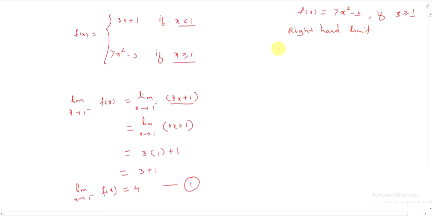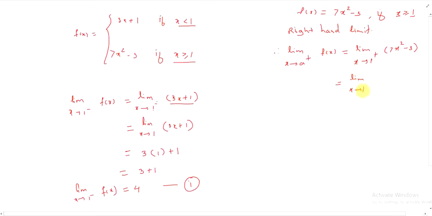So in this case, how will we define it? The limit as x tends to a plus of f(x), but here a is 1, that is x tends to 1 plus of f(x), and what is your f(x)? 7x² - 3.